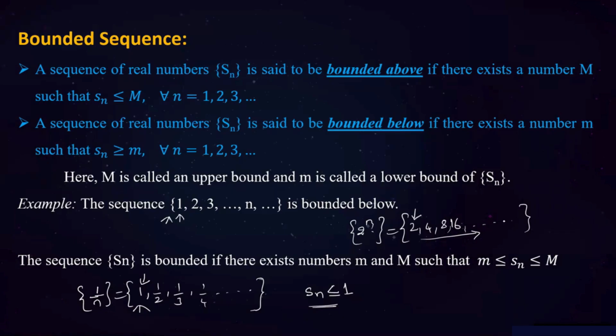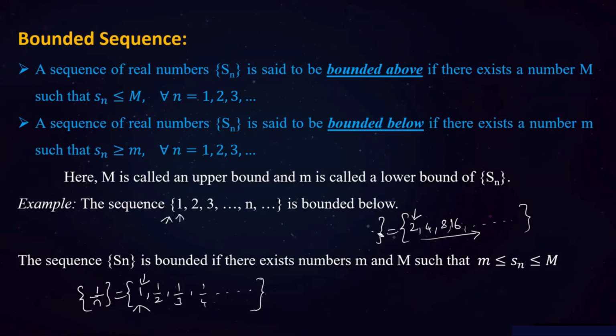That's how you can identify the least value from this sequence. And when such a least value exists, we'll say that sequence is bounded below. Right? That sequence is bounded below. When a highest value exists in a sequence, we can call this a bounded above sequence. Right? That's one idea.